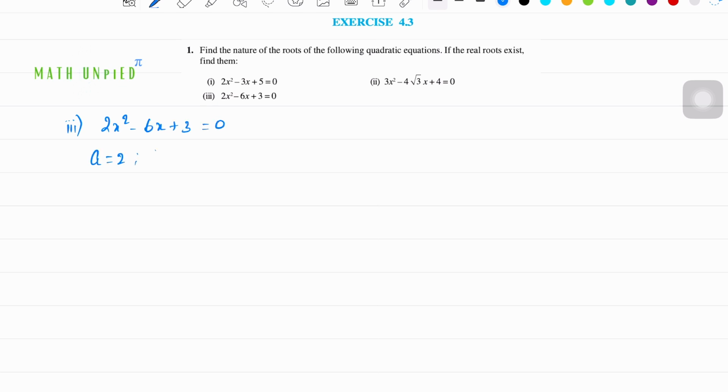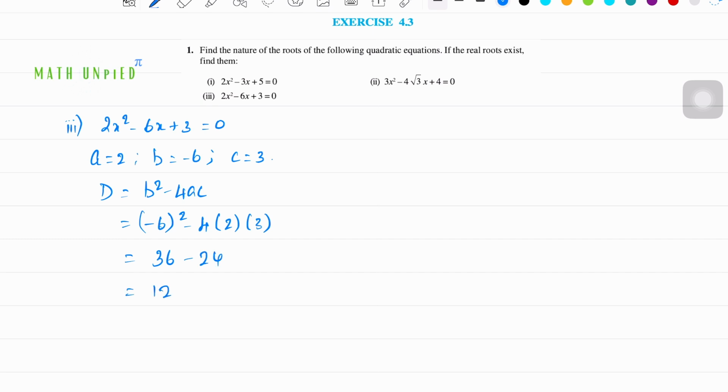A equals 2, b equals -6 and c equals 3, and we know the formula for D. D equals b squared minus 4ac, and let's substitute the values. (-6) squared minus 4 times 2 times 3, this is 36 minus 24, that is equal to 12, and since D is greater than 0, two distinct real roots exist.